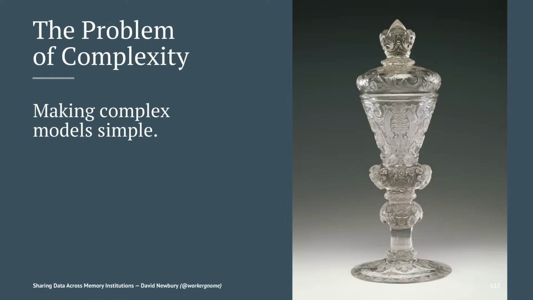Every new nuance has to be met with something that helps simplify that problem, because it's always going to get more complex. And so my job and the job of all of us here is to say, how do we work together to make the complex simple so that we can express the complex?